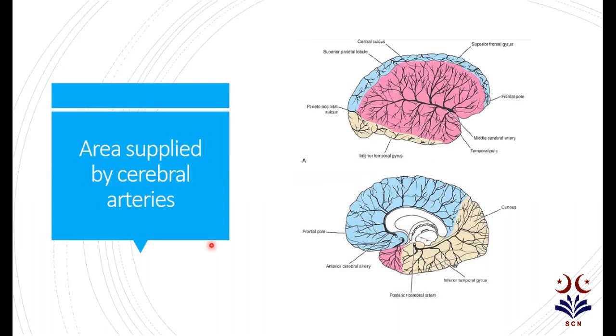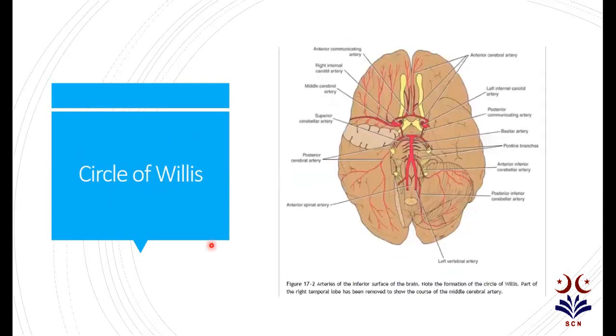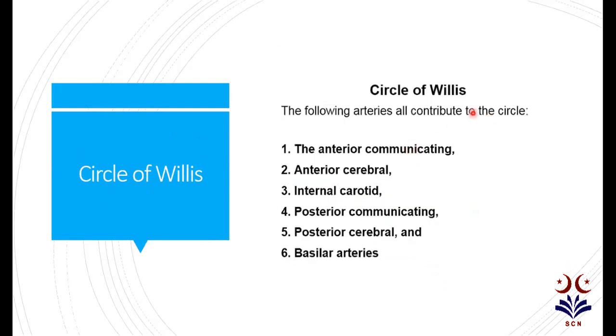So, just a memory tip. This is the circle of Willis. I told you already, six arteries take part in its formation. You can go back to the recording of the video and learn these six arteries taking part in that formation. I told you already many times.